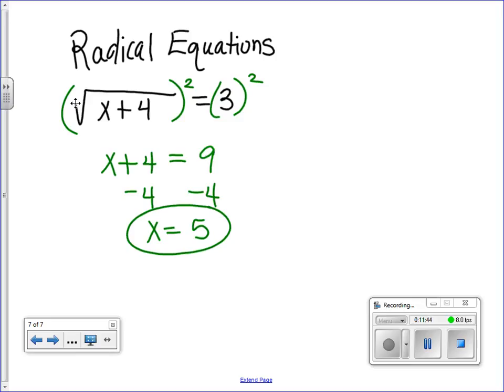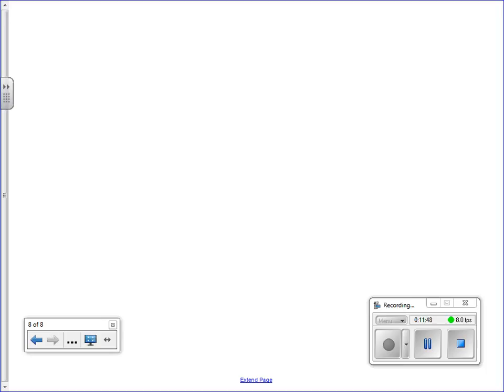Okay, they can look a little different. Like we can have fractional exponents. Let's say we have x to the 2/3 equals 16.